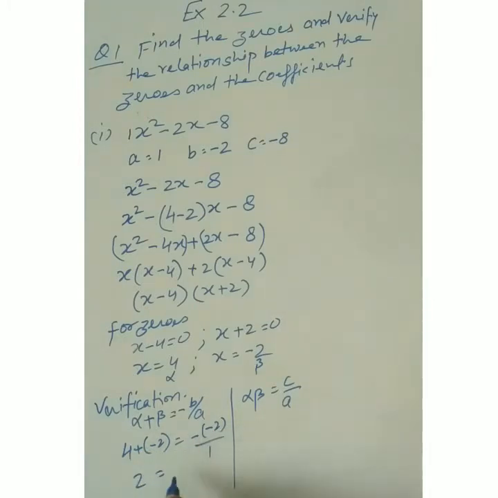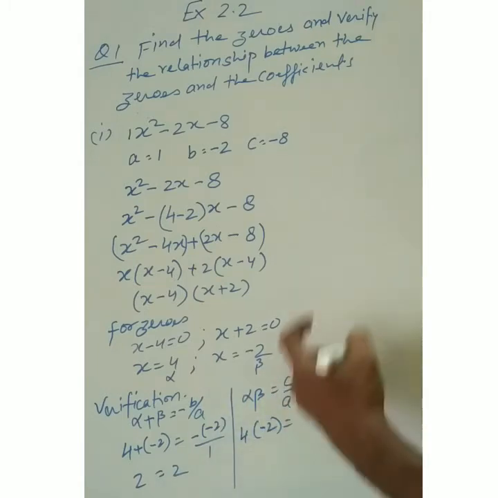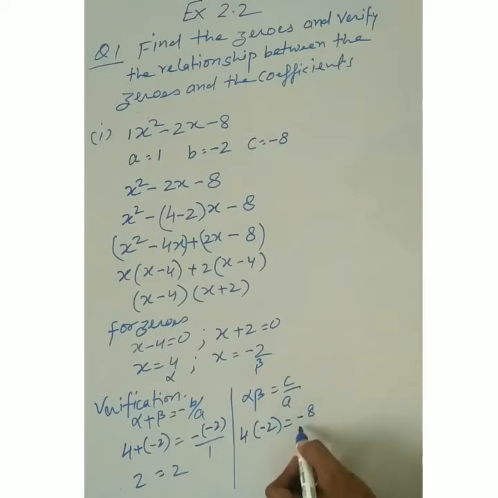It is minus minus plus, so it is equal to 2. Now alpha into beta. Alpha is 4, beta is minus 2, c is minus 8, a is 1. 4 into minus 2 is minus 8, equal to minus 8. Hence verified.